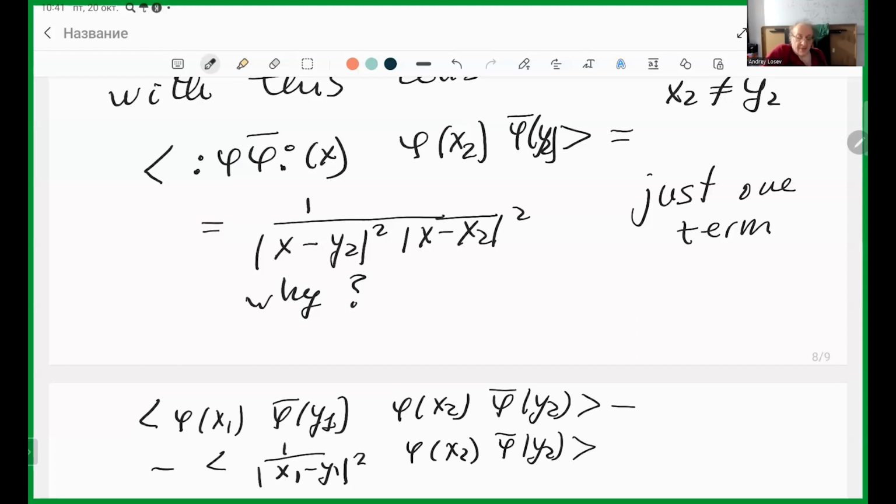So first we do this, and then we consider the limit y1 going to x1.